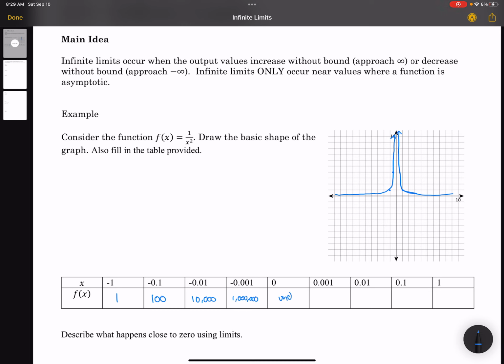And then we're going to repeat the table. So then we had 1 million here. And we had 10,000. We had 100, and we had 1. So we can see that when our x's get close to 0 in either direction, they grow without bound. That's going to mean that the limit when we approach 0 in general is infinity.